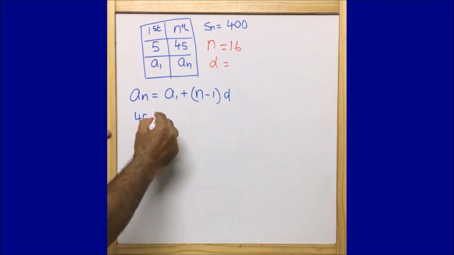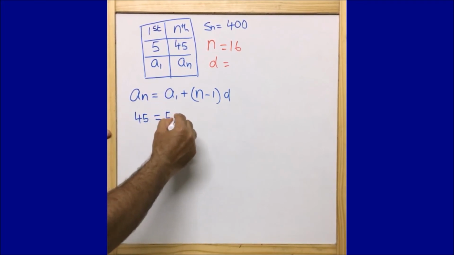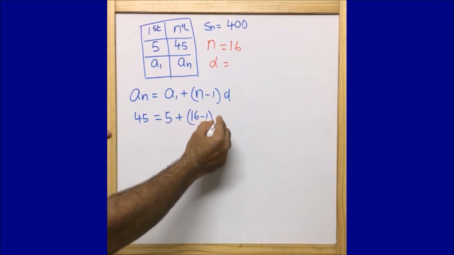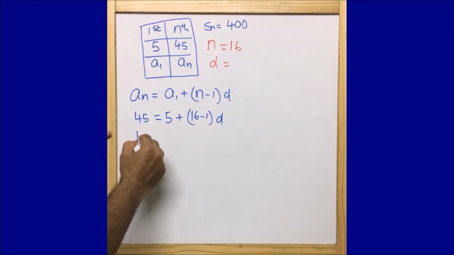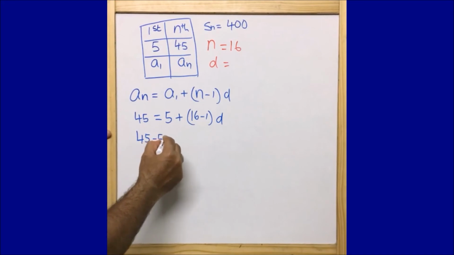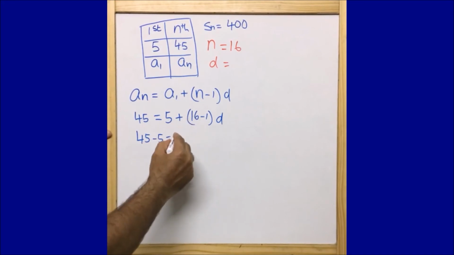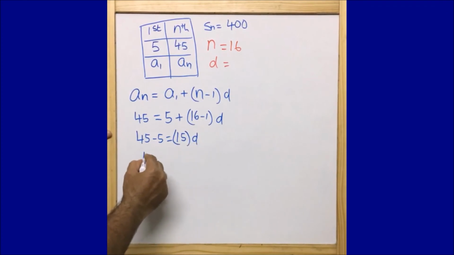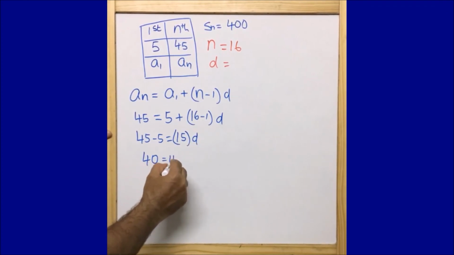I can write 45 is equal to 5 plus, n is 16, so 16 minus 1 into d. Or I can write 45 minus 5 is equal to 16 minus 1, which is nothing but 15d. Or I can write 40 is equal to 15d.